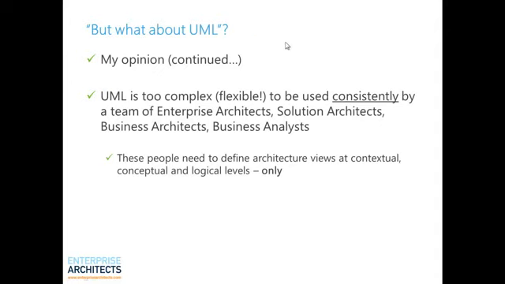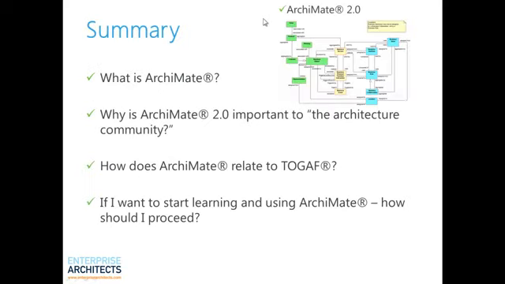Why do I think that Archimate 2.0 is going to be the inflection point for adoption of Archimate starting in 2012? How does Archimate relate to and align with and support and build out the content meta model in TOGAF? And if you wanted to start learning and using Archimate, how would you go? So I think we've covered those topics.